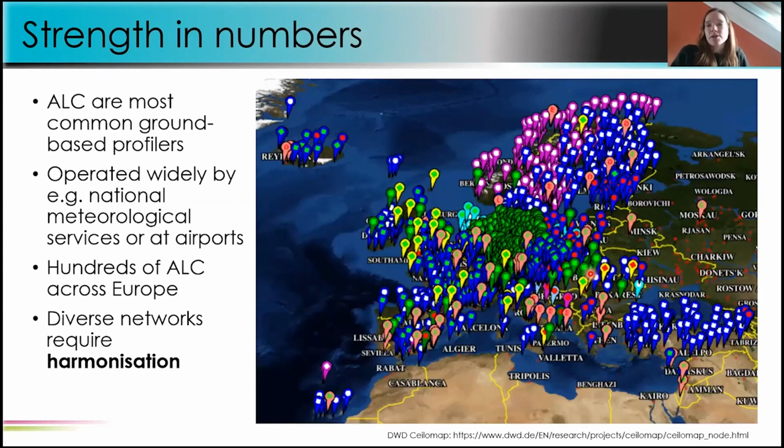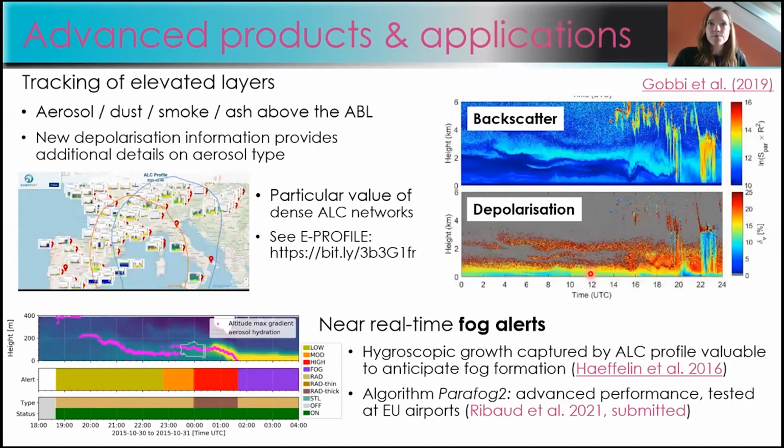As mentioned before, the strength of the ALC is that we have very many in operation. Across Europe, we have hundreds of ALCs operated by national weather services, but also academic sites and at airports and so on. And it's part of the PROBE initiative to work towards harmonization of these networks.